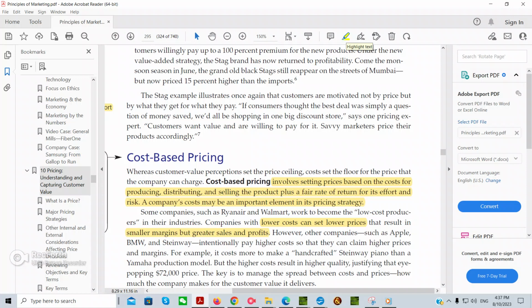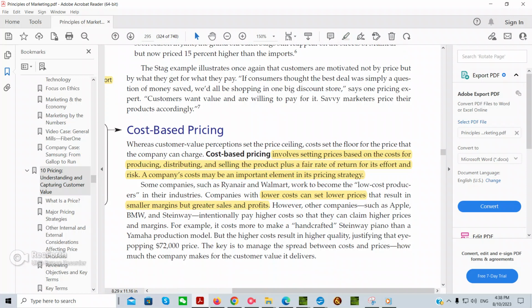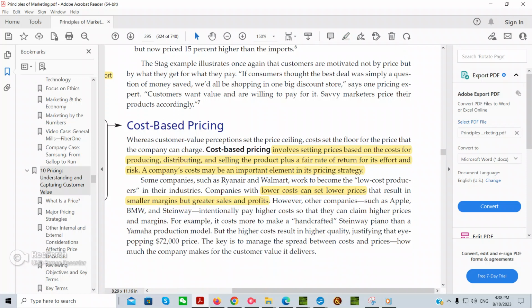However, other companies such as Apple, BMW, and Steinway intentionally pay higher costs so that they can claim higher prices and margins. For example, it costs more to make a handcrafted Steinway piano than a Yamaha production piano, but the higher cost can result in higher quality, justifying the eye-popping $72,000 price.